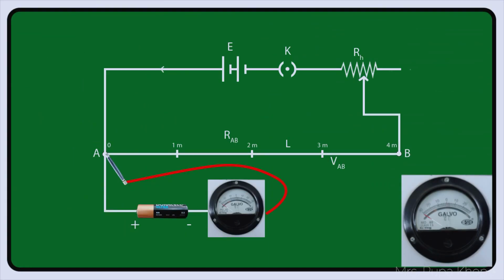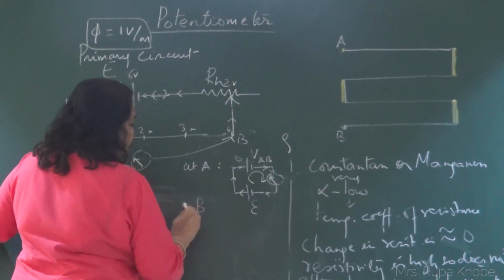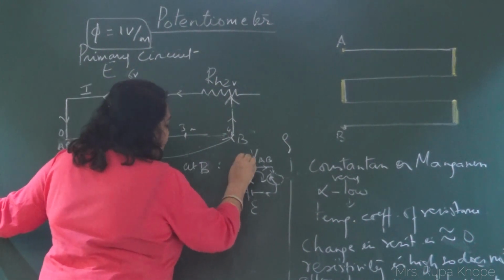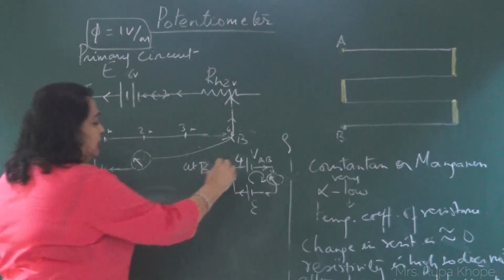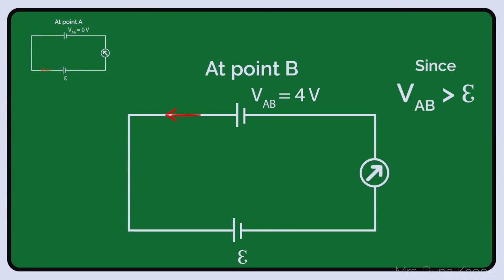Now what I do, I take this jockey and I touch at this point, B. So at A, then at B. At B, the voltage, the potential difference, is 4 volts. So the current which is coming out is coming out in the opposite direction.